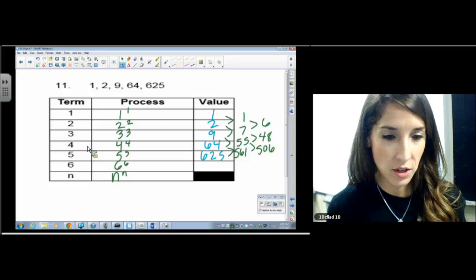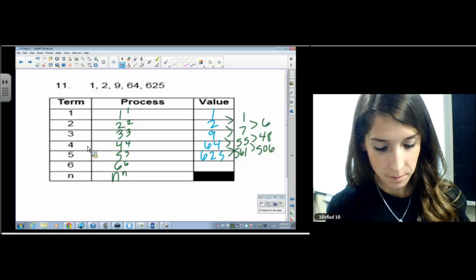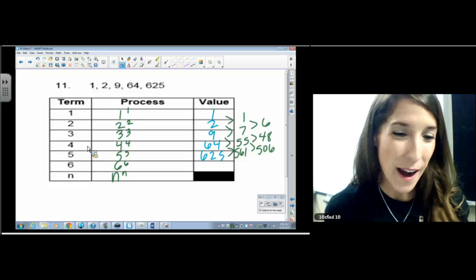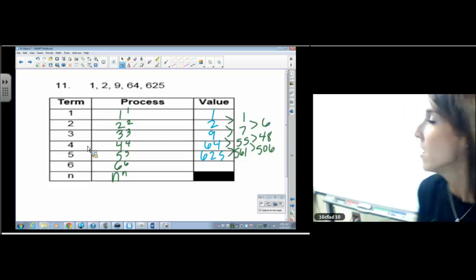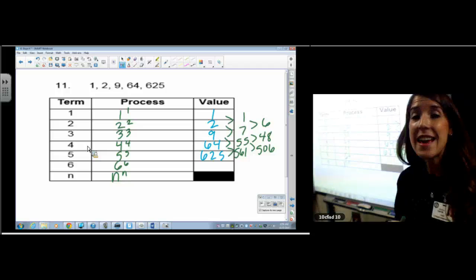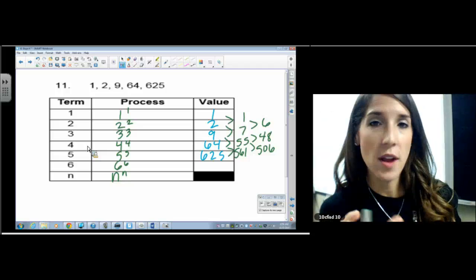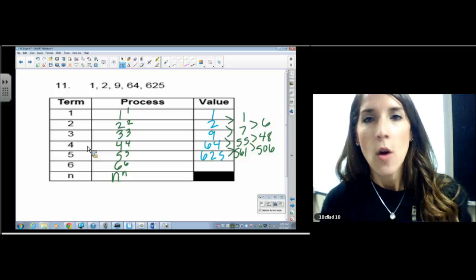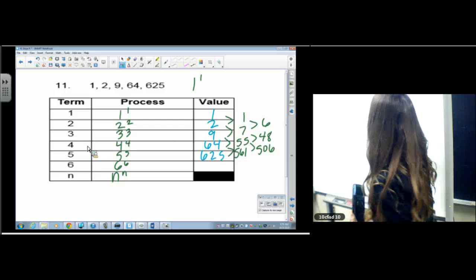So what do you think we should try next? Right, I mean, I showed you the answers, right? Okay, so you have to try to tweak the exponent because tweaking the whole number is not going to be good enough. We need to try to tweak the exponent. Now, 1 to the 1 is 1.